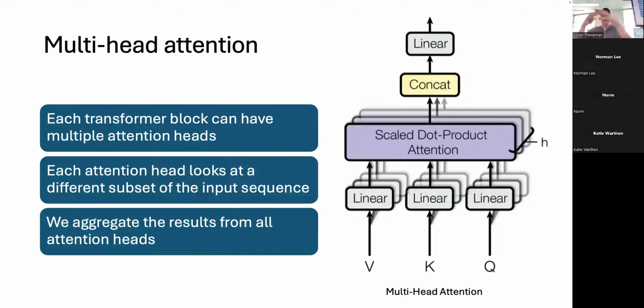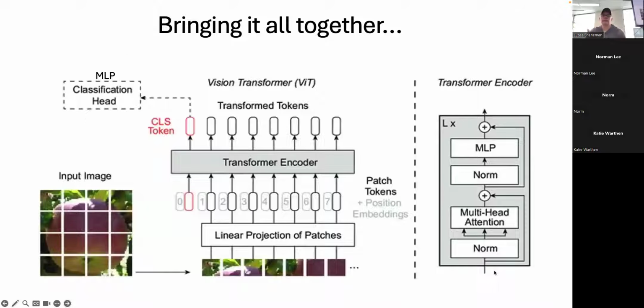Then they're aggregating through a concatenation layer that combines the results of those multiple heads into one final answer. It's like you have a bunch of things looking at partial solutions and bringing it all together into one before giving a final answer. And again, each one of those heads has a value, a key, and a query vector.